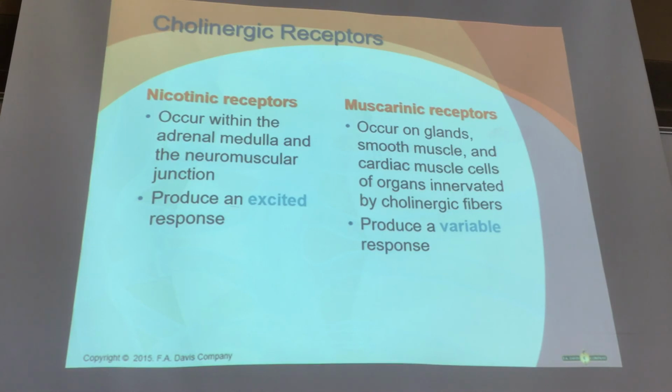Okay, so here are our 2 receptors for that cholinergic fiber. The different types of receptors determine the effect produced by this neurotransmitter. If acetylcholine binds to a nicotinic receptor, it will create an excited response. If it binds to a muscarinic receptor, it's going to produce a variable response. Okay, could be excited, could be inhibitory.